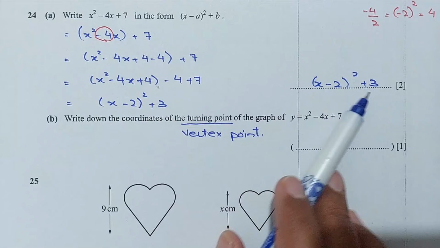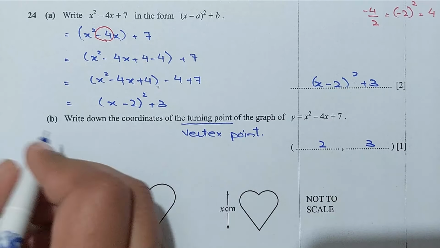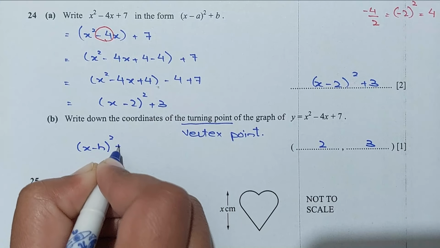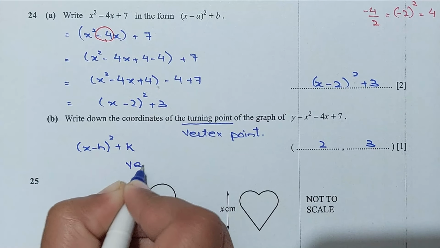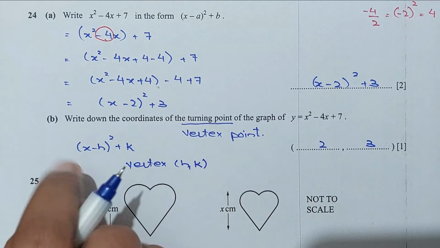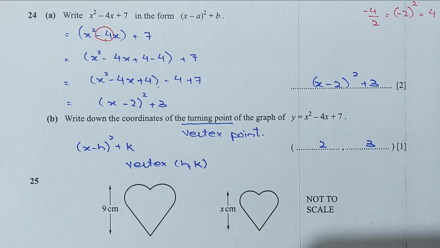We have converted the standard form into vertex form, x minus h whole square plus k. So our vertex is the h and the k. This negative is part of the formula. So h is 2 and k is 3, and the vertex is 2 and 3.